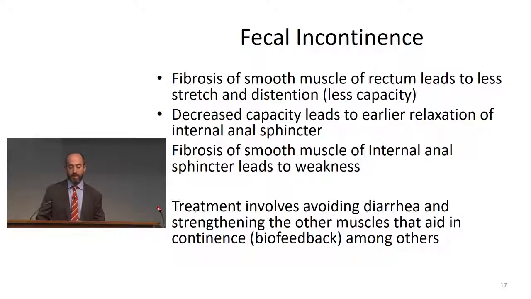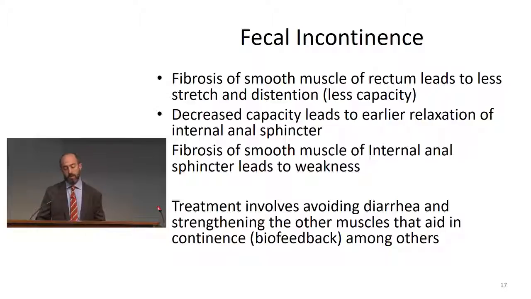And that decreased capacity leads to earlier relaxation of the internal anal sphincter, and then weakness due to scarring of the internal anal sphincter also compromises continence. And therefore, frequently when these muscles are affected in scleroderma, all of continence is dependent on the external anal sphincter. And when that is weakened for a variety of different reasons, incontinence can result.